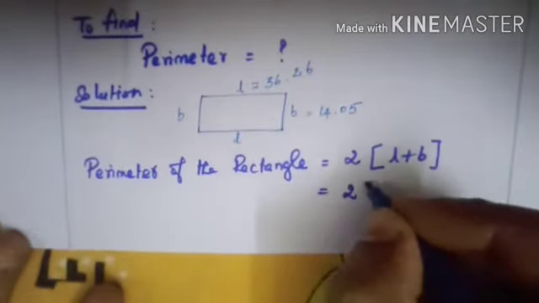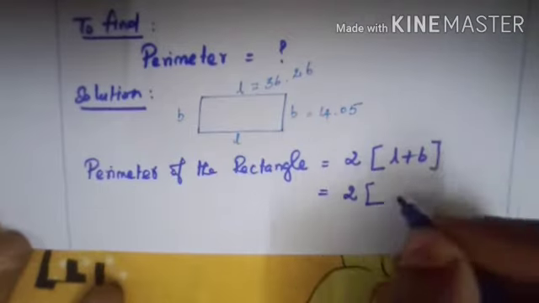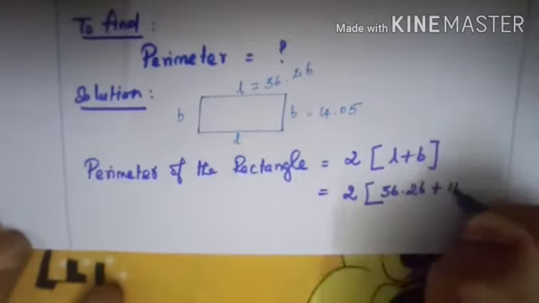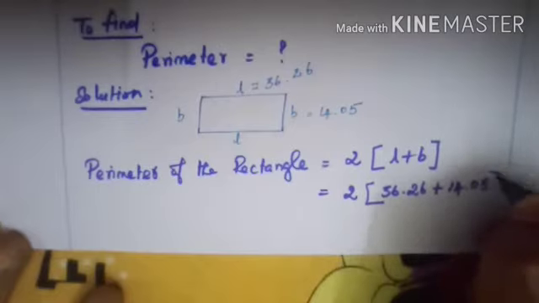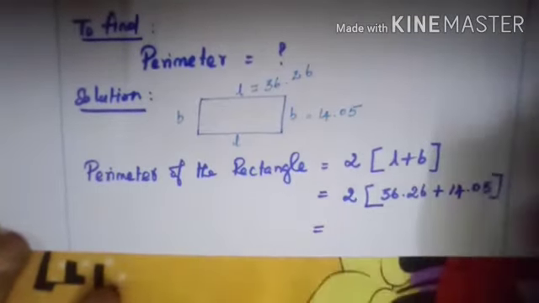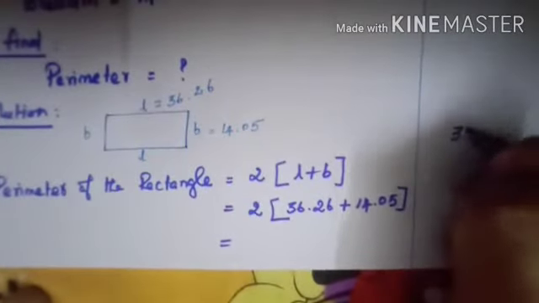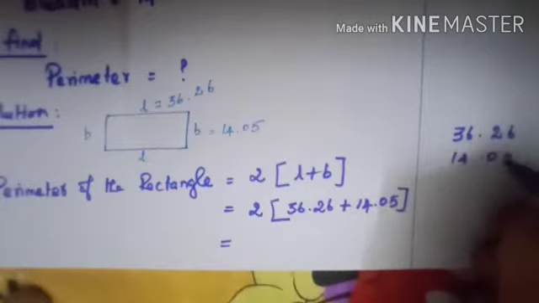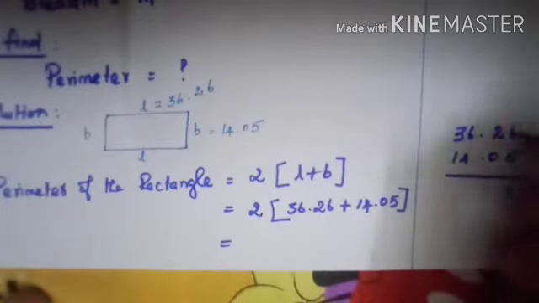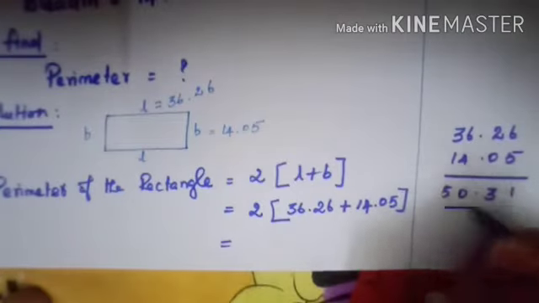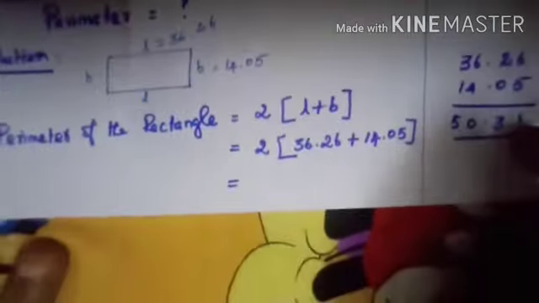So 2 into (L plus B) is equal to 2 into (36.26 plus 14.05). First you have to add these two numbers in your rough column. 36.26, 14.05. So your answer is 50.31.